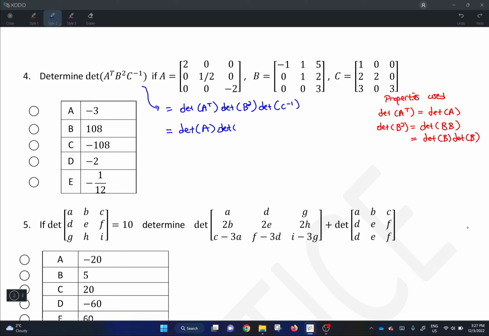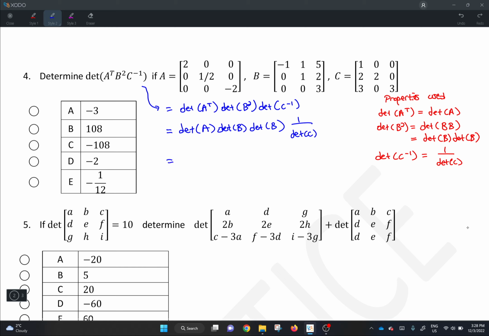That's the determinant of B times the determinant of B. And then the last property I'm going to use is the determinant of an inverse of the matrix is 1 over the determinant of the matrix not inversed. So 1 over the determinant of C.